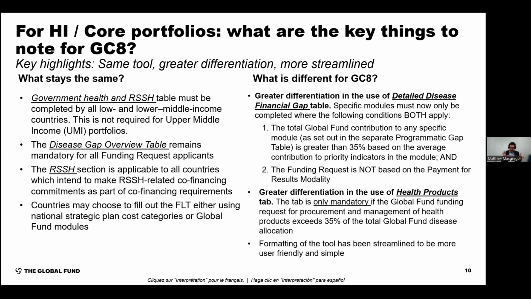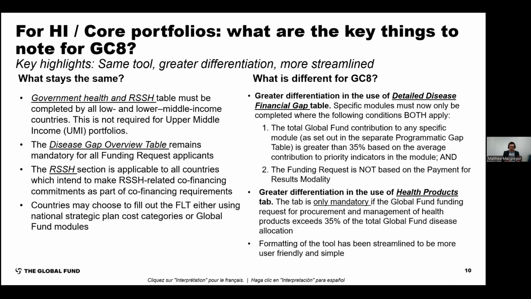The RSSH section is still applicable for all countries who want to make RSSH related co-financing commitments as part of their co-financing requirements in GC8. And one more important thing that we've retained is countries may choose to fill out the funding landscape table either using National Strategic Plan cost categories or Global Fund modules.